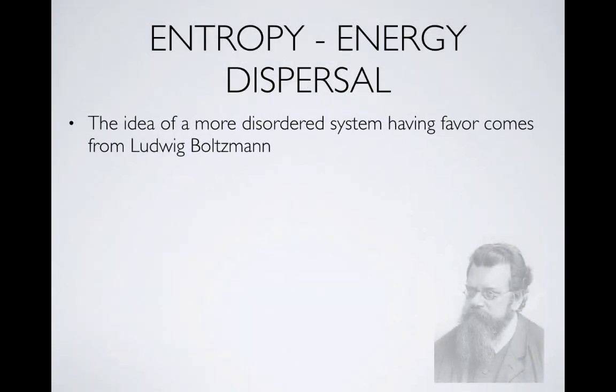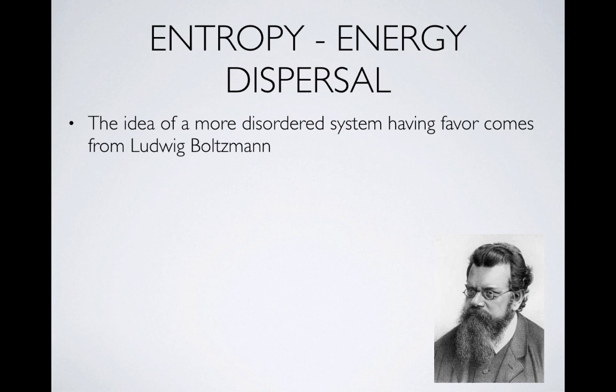Now, we talked a little bit earlier about entropy and how it really focuses on energy and the dispersion of energy among these different states. And this idea of disorder really came from a guy named Ludwig Boltzmann, who developed a quite elegant mathematical system describing how energy is distributed among all of these different energy states.